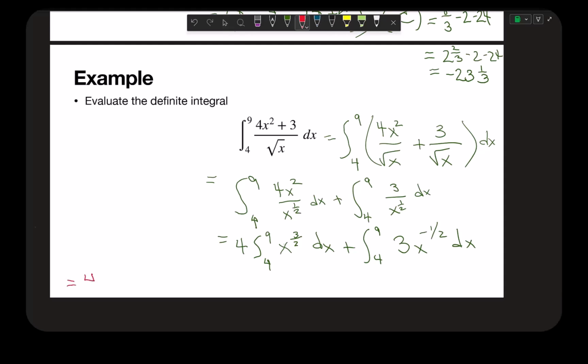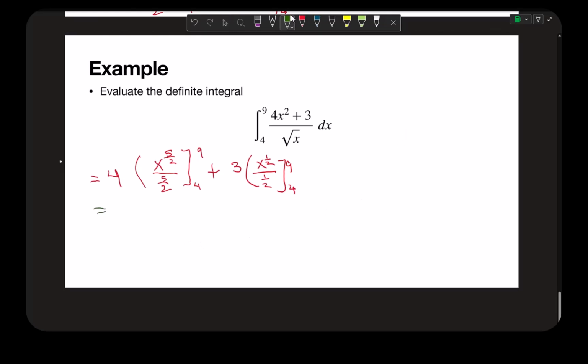This is equal to 4 times x to the 3/2 plus 1, which would give me 5/2, divided by 5/2, evaluated between 4 and 9, plus 3 times x to the 1/2 power divided by 1/2, evaluated between 4 and 9.